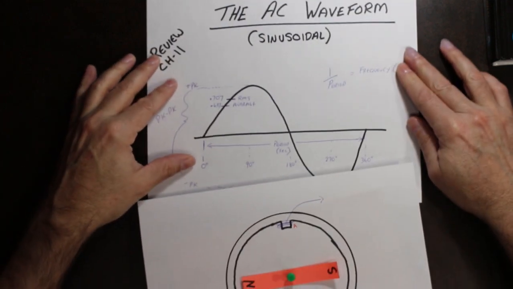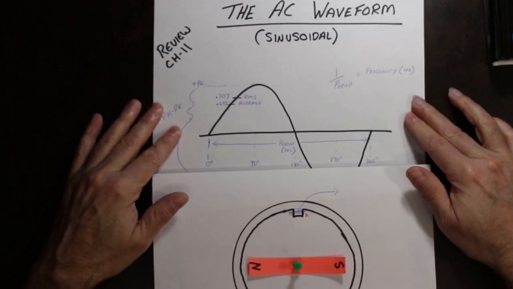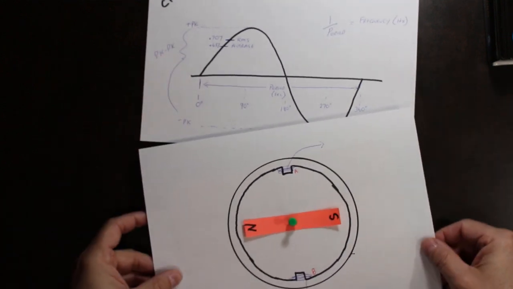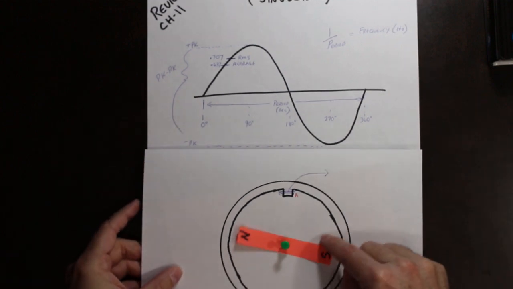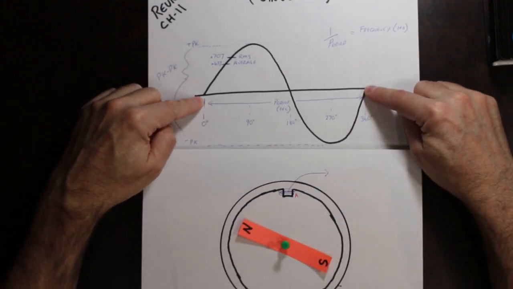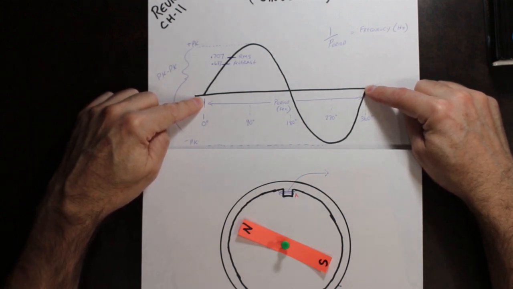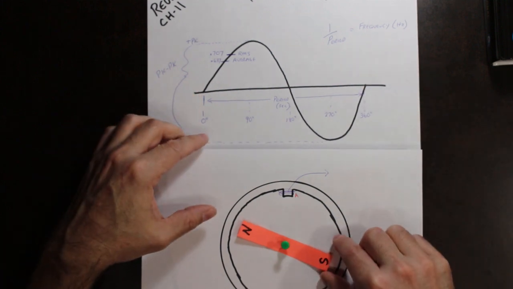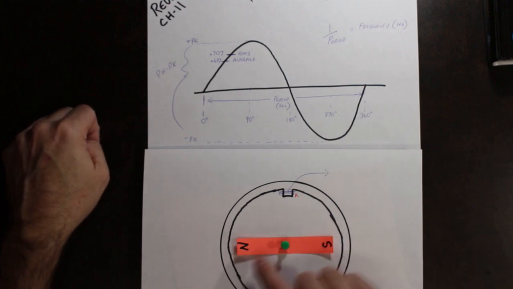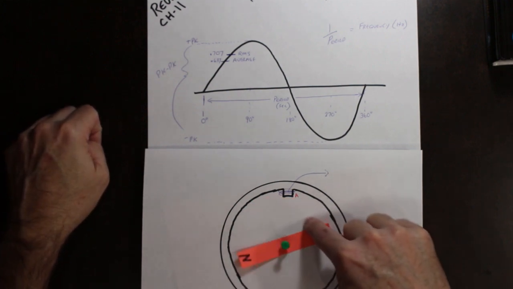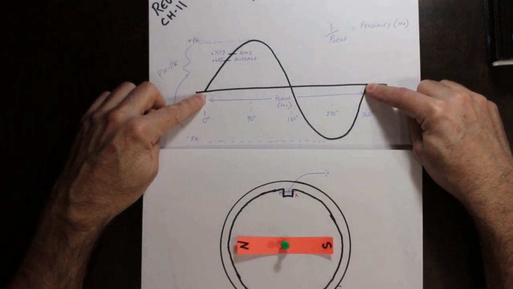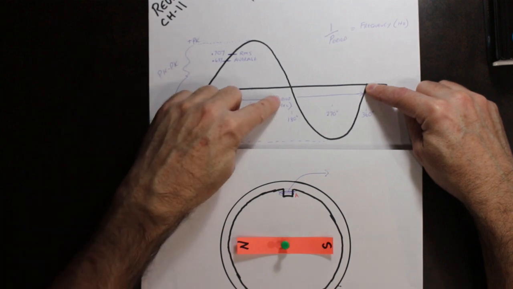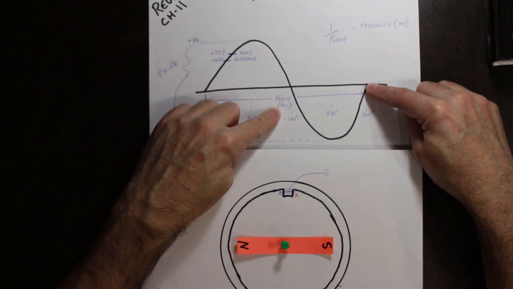When we look at that, one rotation is actually a measurement of time from here to here. This is known as the period of the waveform. And the period is a measurement in seconds. So how much time does it take for this rotor to go around one time? From this point to this point, how much time? That is what's known as the period, and it's a measurement of seconds.